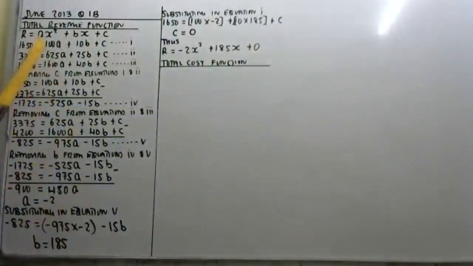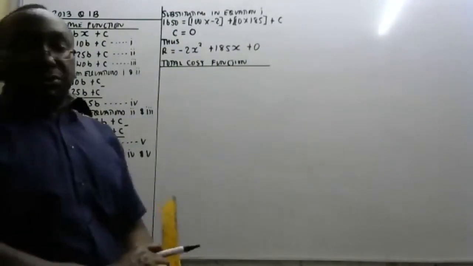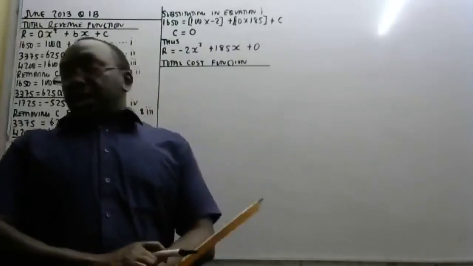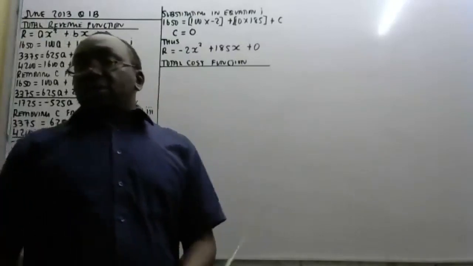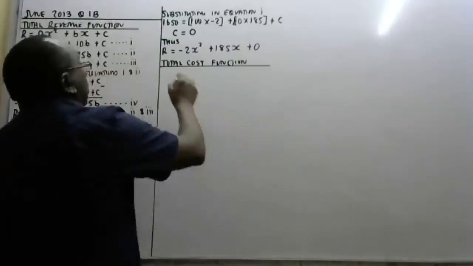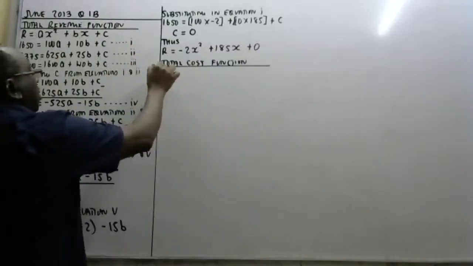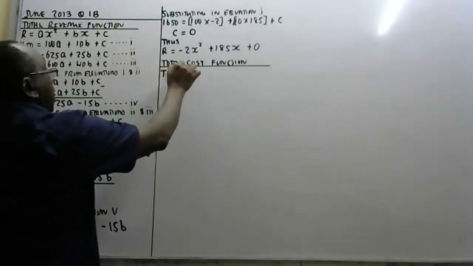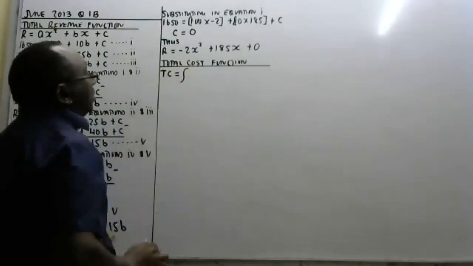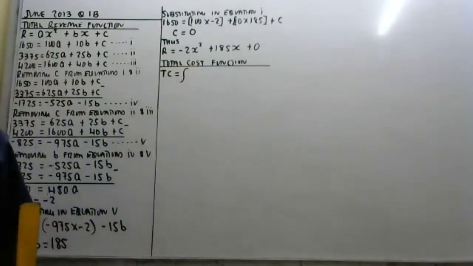Or you can even derive like what you have done. So what you have been given is what guides which method to use. So we are given the marginal cost function. So we will say that our total cost will be the integration of the marginal cost function.